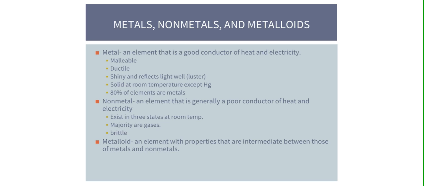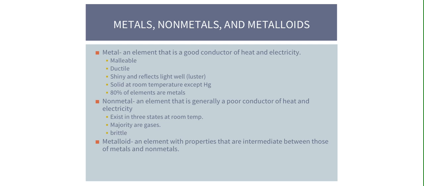The solids at room temperature don't have a luster. Their melting points are generally pretty low. Most of these nonmetals are found on the right side of the periodic table. And that includes carbon, nitrogen, oxygen, fluorine, all of the noble gases. But again, we'll talk about that.